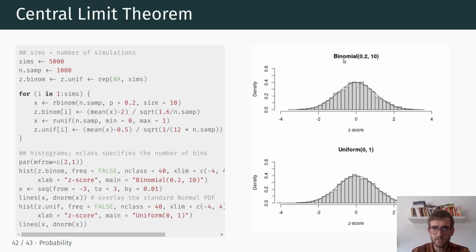continuous, right? And the important insight from the central limit theorem is even if the underlying random variables are, in this case, binomial and discrete or uniform, when we look at the sample average, so we take a sample of 1,000 observations and we compute the average, and then look at the sampling distribution of that average, which means looking at how under repeated sampling we would have different values for that sample average.